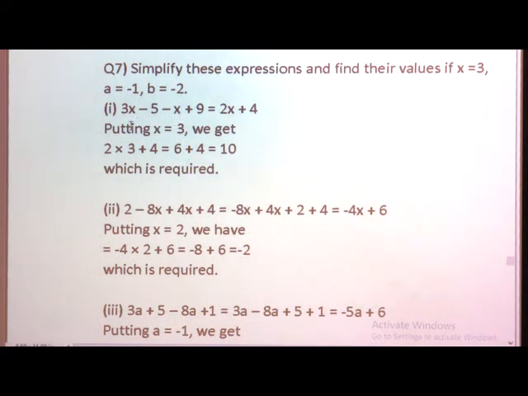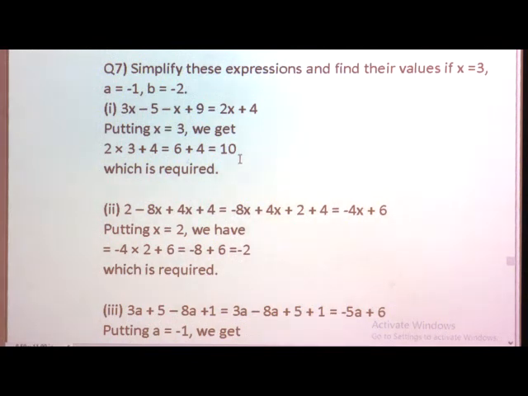Together, 3x minus x is 2x, and minus 5 and plus 9 are both numerical, so we write them together as plus 4. Now you can substitute the value of x, that is 3: 3 twos are 6 plus 4 is 10, which is what is required.